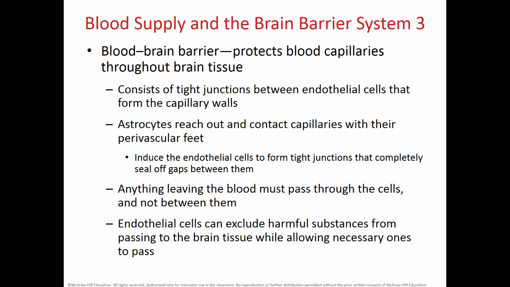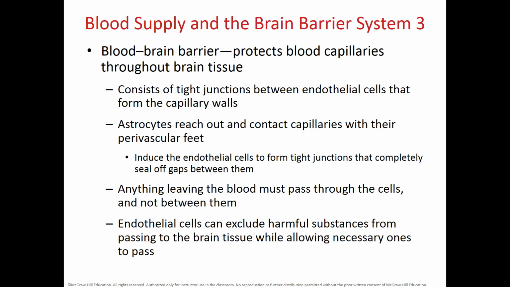And these capillaries have a special connection between the endothelial cells, or the cells of the capillaries. These connections are very, very strong, and we call them tight junctions. And they form this double layer in which you have the tight junctions of the endothelial cells and the astrocytes that surround them, with extensions of their cytoplasm that we call perivascular feet.